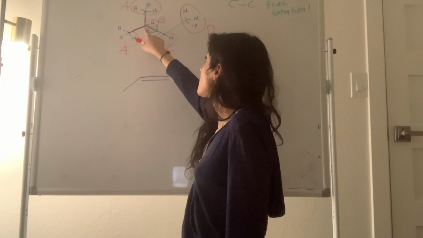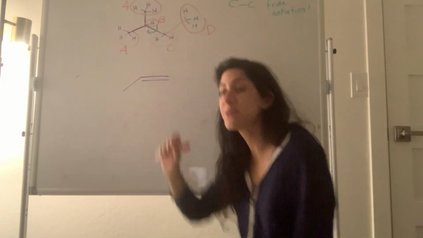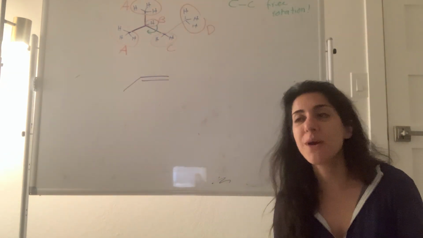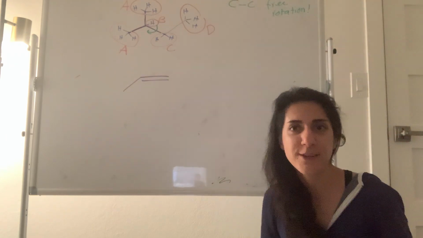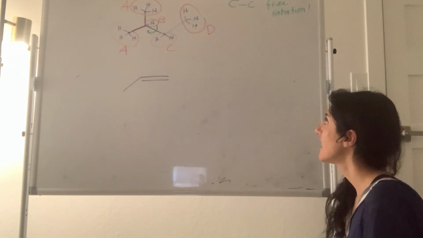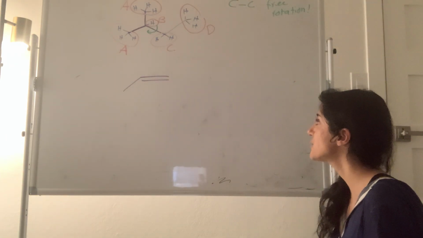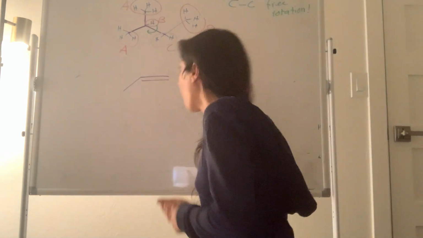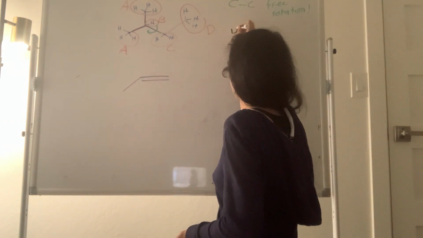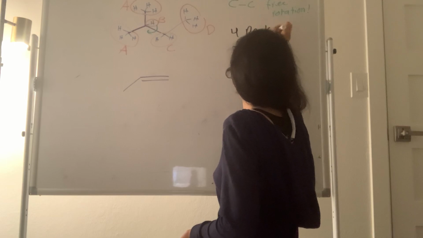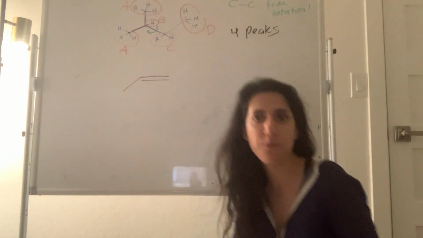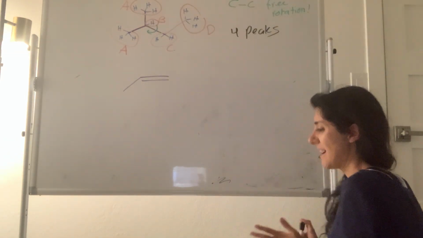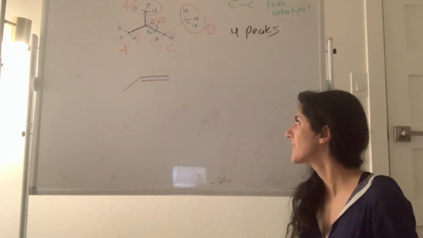These two are attached to a CH. This one is attached to a CH2. You have different neighbors, so you are going to be a unique set. All right, so how many peaks? 1, 2, 3, and 4. I'm going to get 4 peaks on the NMR. All right, ready for the next one? Let's do it.